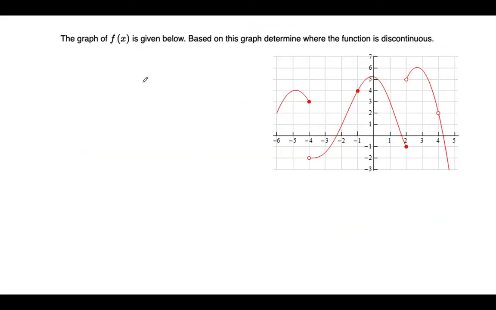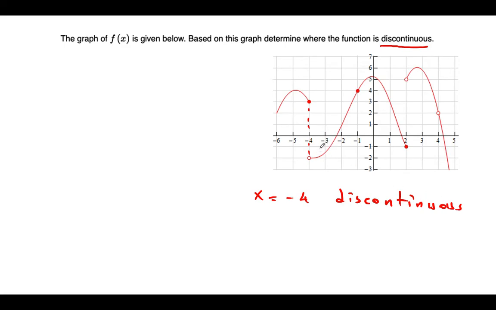When we look at this question, the graph of f(x) is given. Based on this graph, determine where the function is discontinuous. So it's clear that when x equals -4, the function is discontinuous.